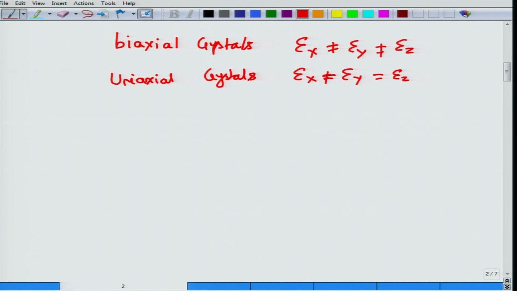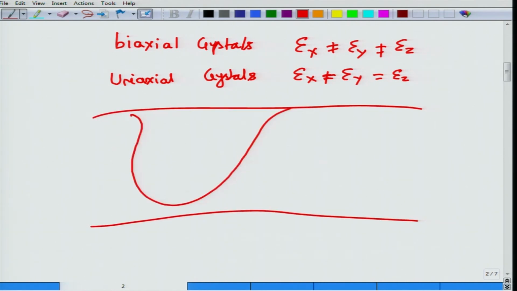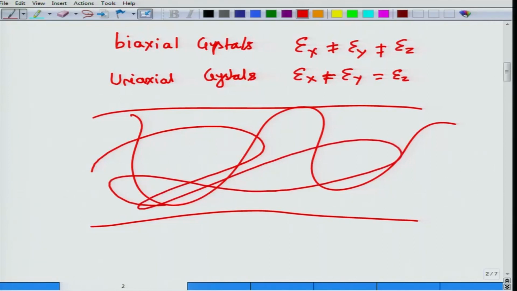And these epsilon x, epsilon y, epsilon z are all the relative permittivities that we are talking about. Now, we assume that we are given an infinite medium, and in this infinite medium we describe epsilon by the tensor property, which we will assume to be a diagonal matrix. So, you have a diagonal matrix with this epsilon tensor.